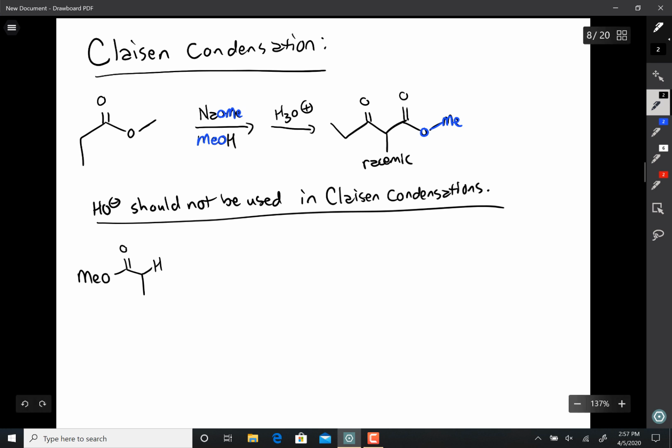This hydrogen right here is an enolizable hydrogen, except instead of being next to a ketone or an aldehyde, it's next to an ester. These hydrogens have pKs roughly around 25.